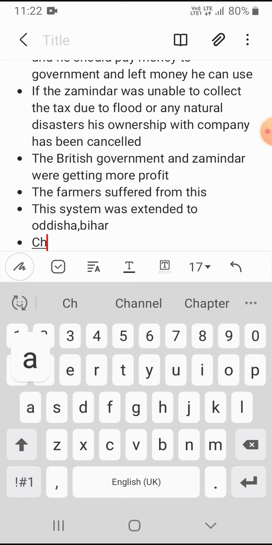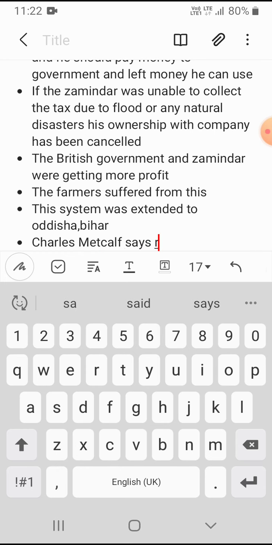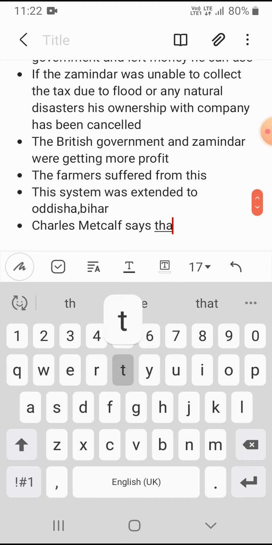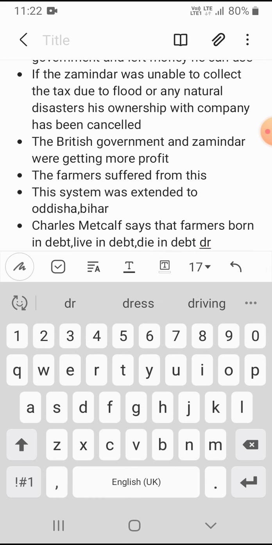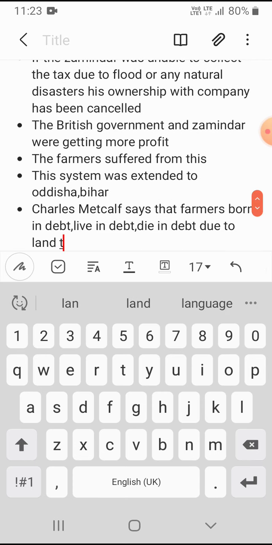So a person called Charles Metcalfe says that farmers are born in debt, live in debt, and die in debt due to the land tax policy.